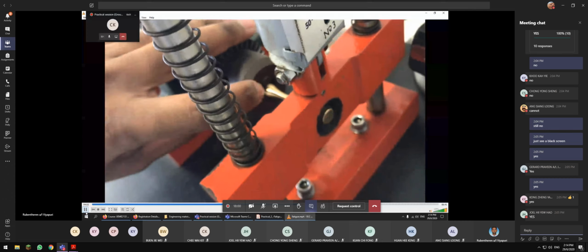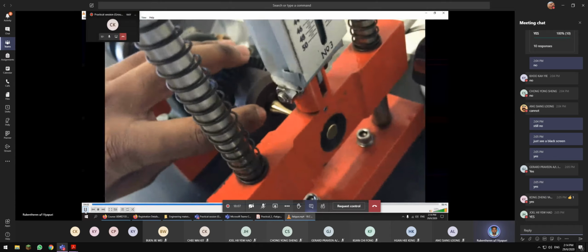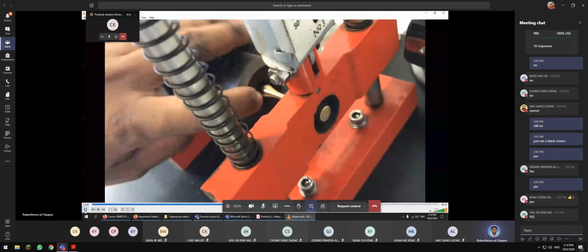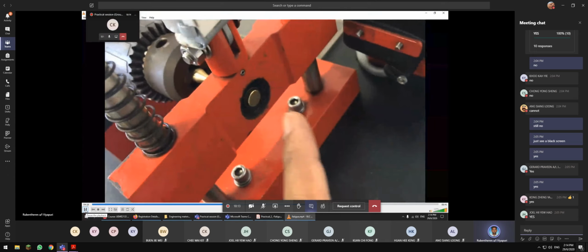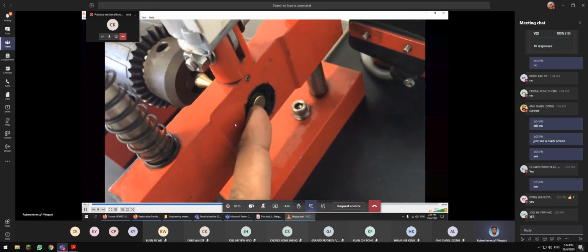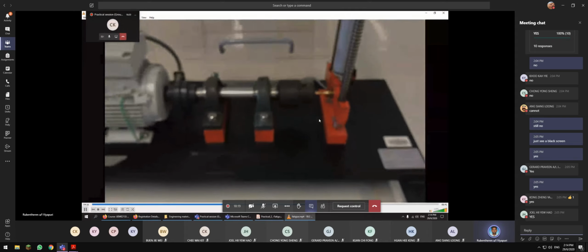Now once you have tightened, you need to make sure that the point is in the center. You just need to leave a free space of 3 mm.